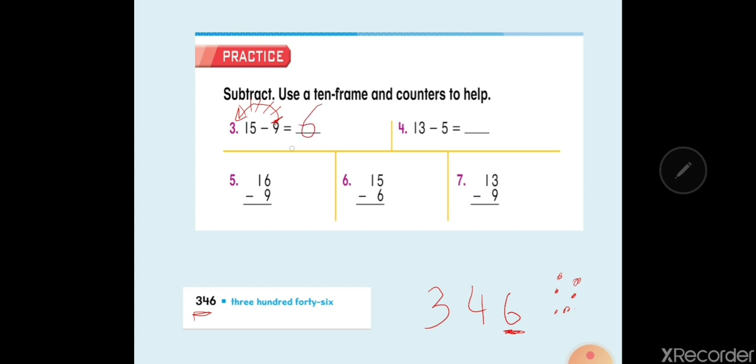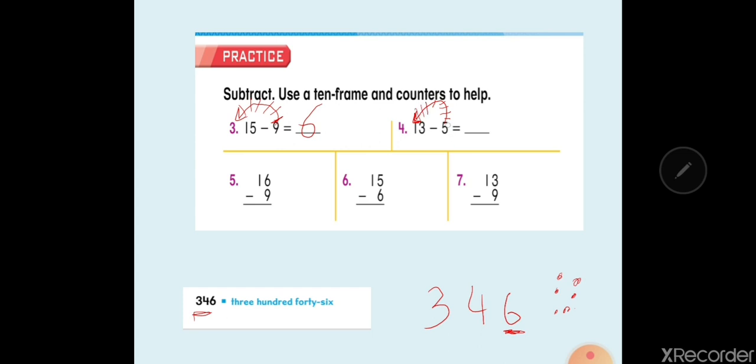6 fingers. Amazing. 13 minus 5. Is it doubles? No. Can I count back? Yes, I can, but it's easier for me to count from the small number to the big number. If it's easy for you to count back, you can count back. Count after 5: 6, 7, 8, 9, 10. Okay, 10, and you need 3 steps here: 10, 11, 12, 13.